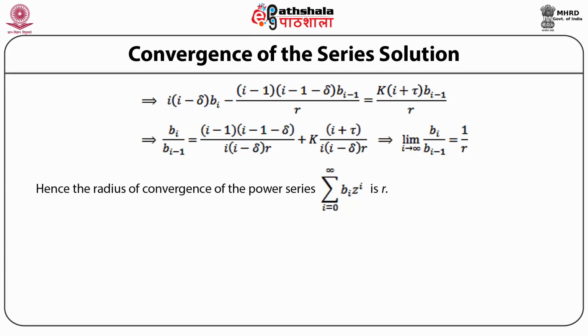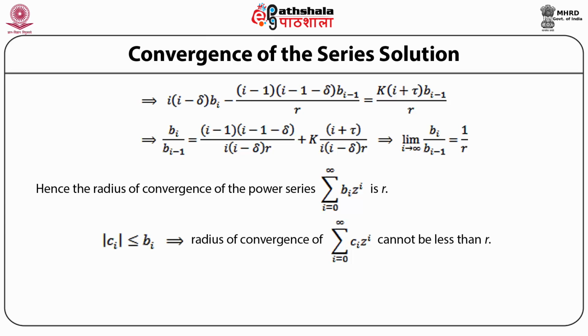Hence, the radius of convergence of the power series given by summation i going from 0 to infinity Bi is r, small r, and since modulus Ci is less than or equal to Bi, it follows that the radius of convergence of summation i going from 0 to infinity Ci z raised to power i cannot be less than small r.